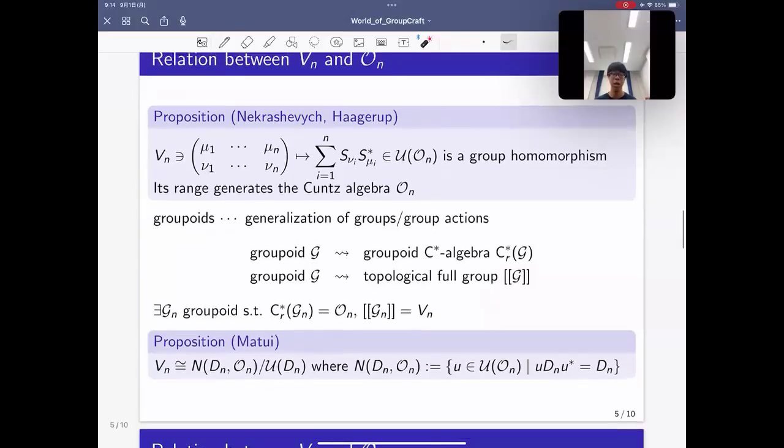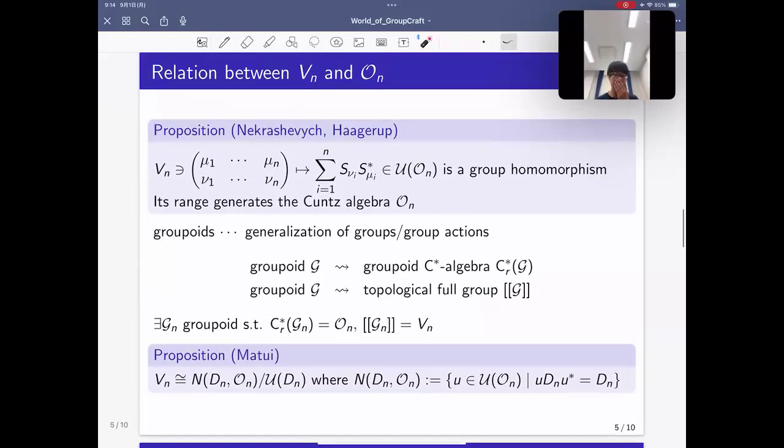And there is a nice groupoid such that its groupoid C*-algebra is the Cuntz algebra, and its topological full group is the Higman-Thompson group. From this, you can see that Cuntz algebras and Higman-Thompson groups have a deep relationship.